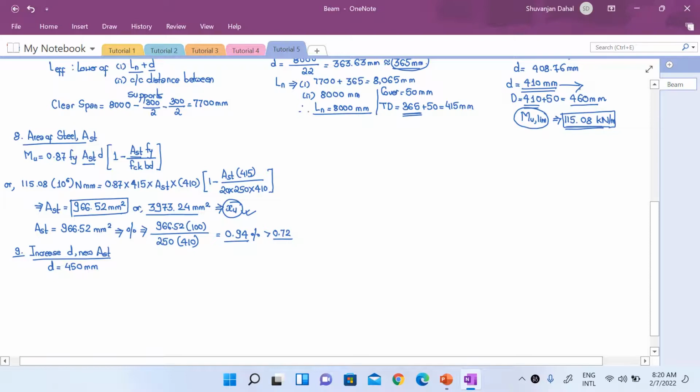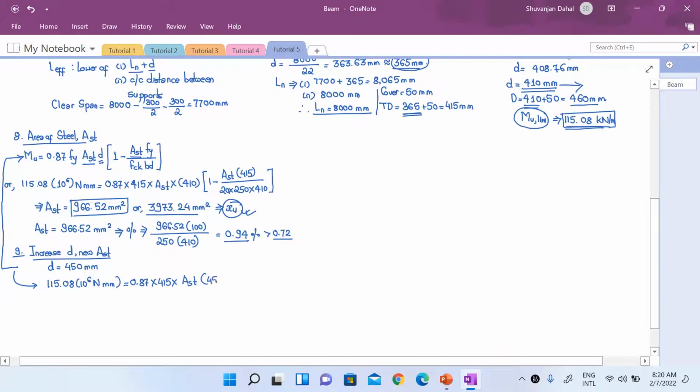Now again use the same equation here. This equation that we use to determine the value of Mu, except that now the value of D will be changed here. So using that equation again, we get this 115.08 into 10 to the power 6 Newton millimeter equals 0.87 into 415 into AST.